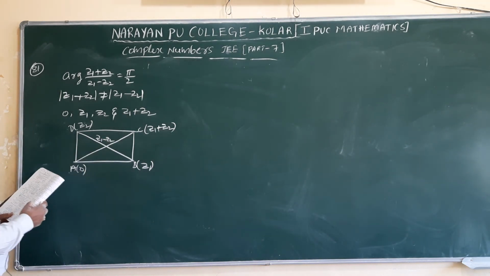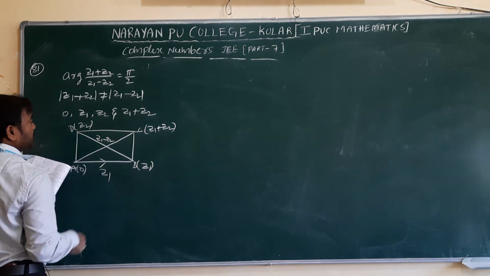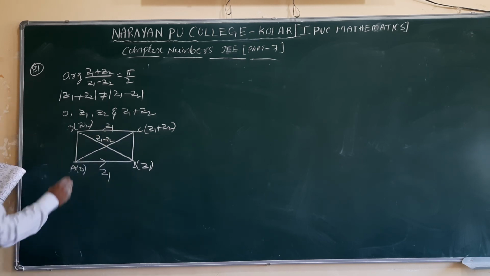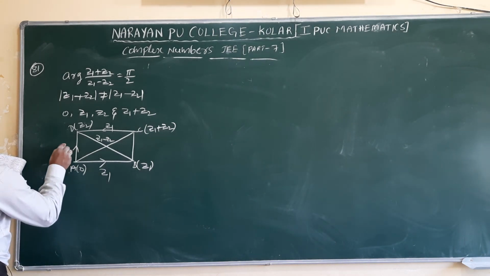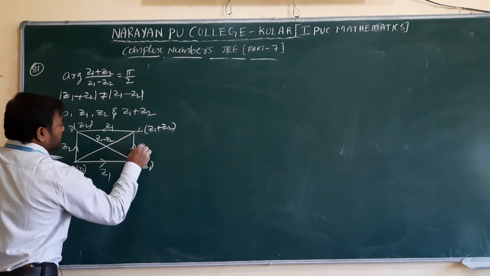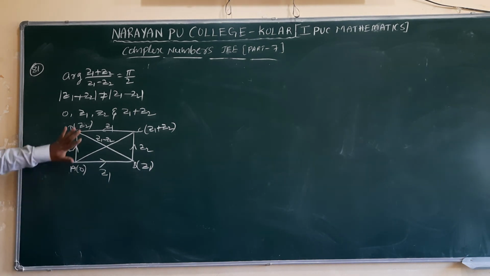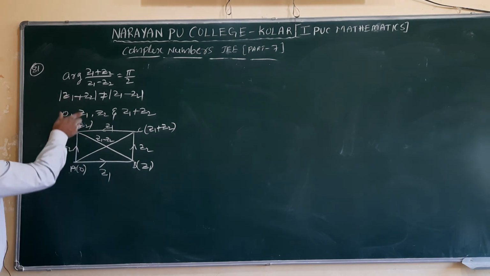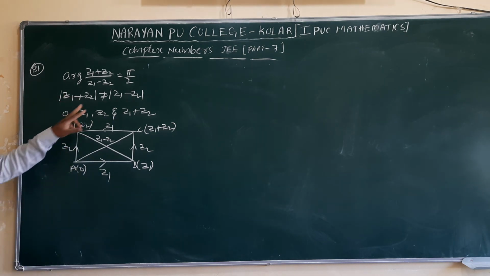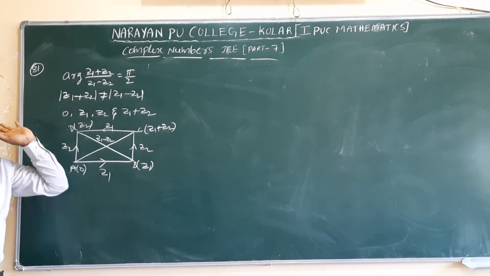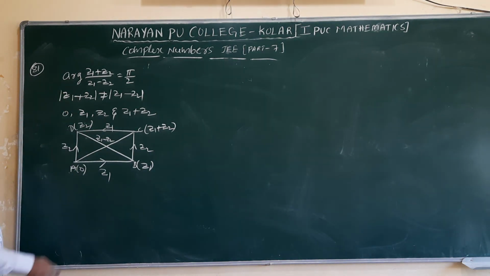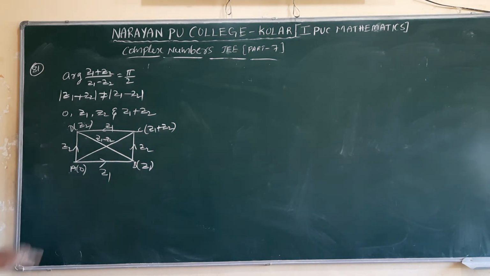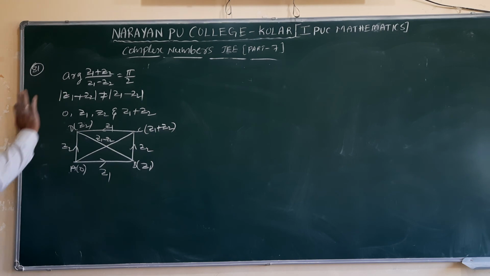These are the points represented in the figure. Here they have given modulus of z1 plus z2 is not equal to modulus of z1 minus z2, but here AC is perpendicular to BD, because the argument of z1 plus z2 by z1 minus z2 is pi by 2.